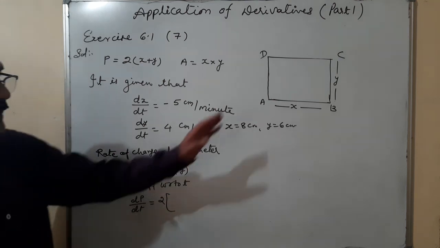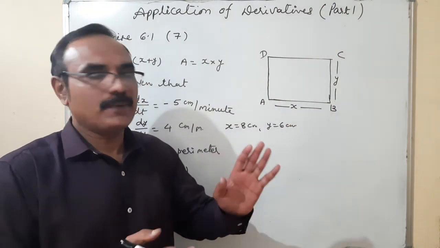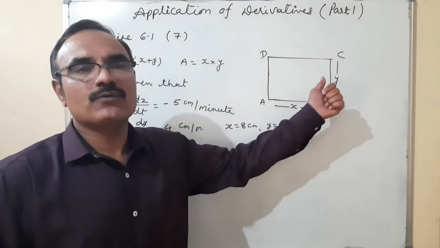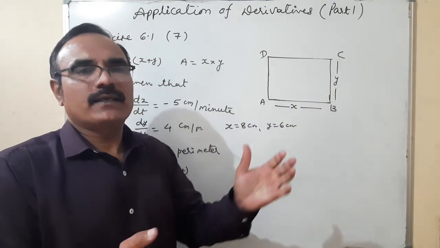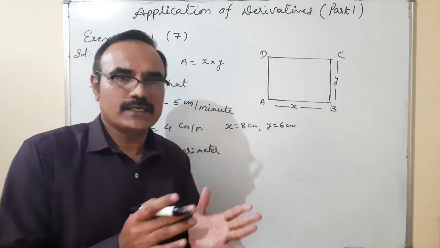x and y both are variable because you know the perimeter and area depend on x and y. They are increasing or decreasing, and accordingly area and perimeter are increasing and decreasing.